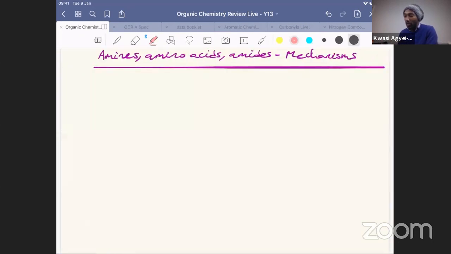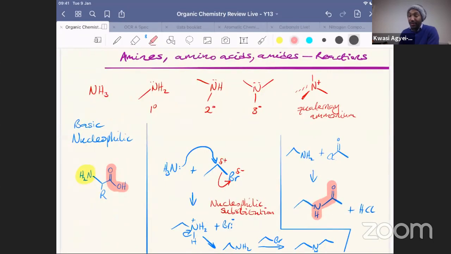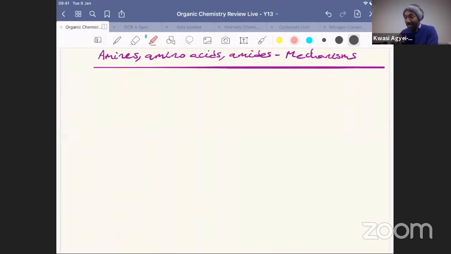Okay, so we've already seen the nucleophilic substitution mechanism, so we're not going to show that again. Amines will behave as nucleophiles and will attack electrophiles. So anything with a positive charge or a delta plus charge, amines can attack, and they can form amides.